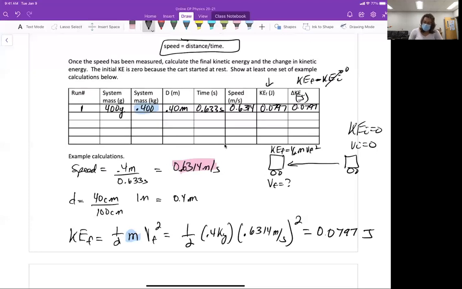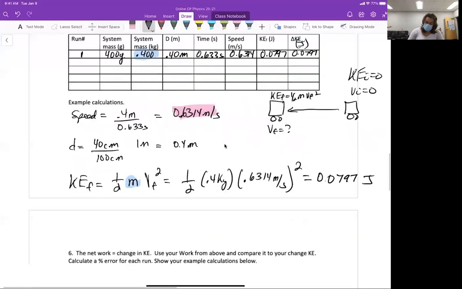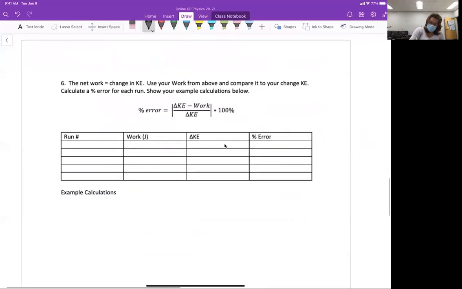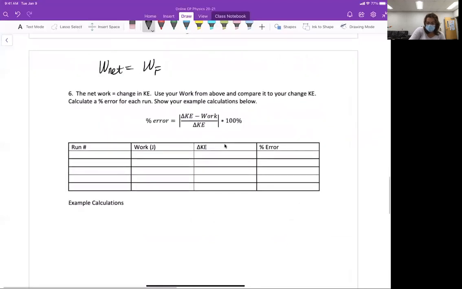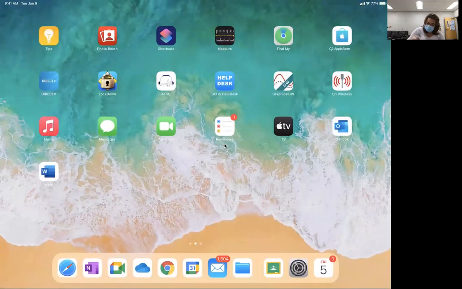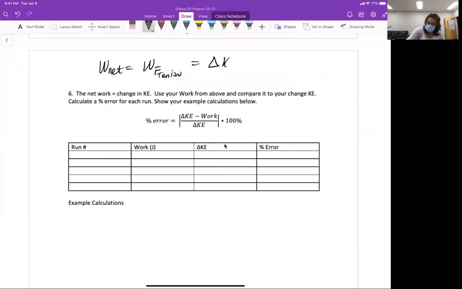And then, continuing on, since the only work being done is by the force of tension, the work that we calculated on the first page is the net work. And we know that is supposed to equal the change in kinetic energy.